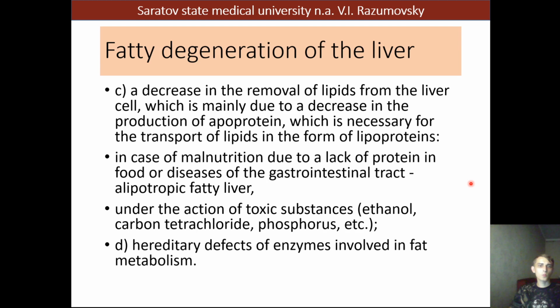This occurs in malnutrition due to a lack of protein in food or disease of the gastrointestinal tract, and in hypertrophic fatty liver under the action of toxic substances, ethanol, carbon tetrachloride and others. The fourth mechanism is hereditary defects of enzymes involved in fat metabolism.